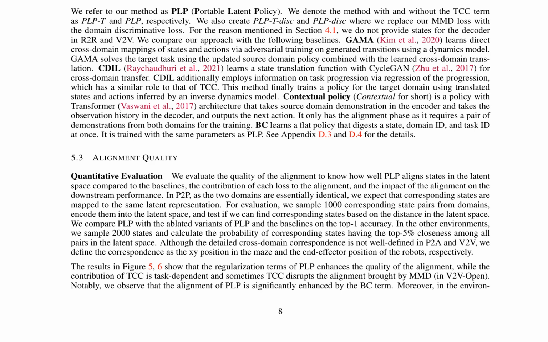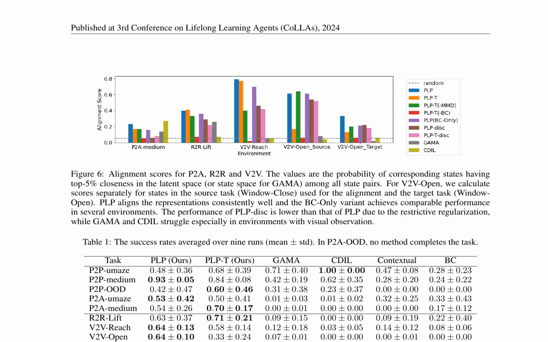in this area. The paper introduces a novel method called progressive latent progression, PLP, and its variants, which significantly enhance cross-domain representation alignment in reinforcement learning. PLP consistently outperforms baseline methods such as gamma, CDIL, and contextual BC across various tasks, including cross-morphology transfer and cross-viewpoint transfer.